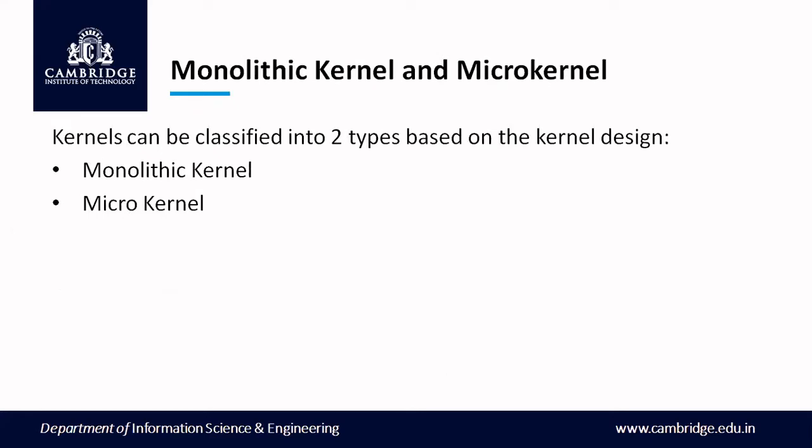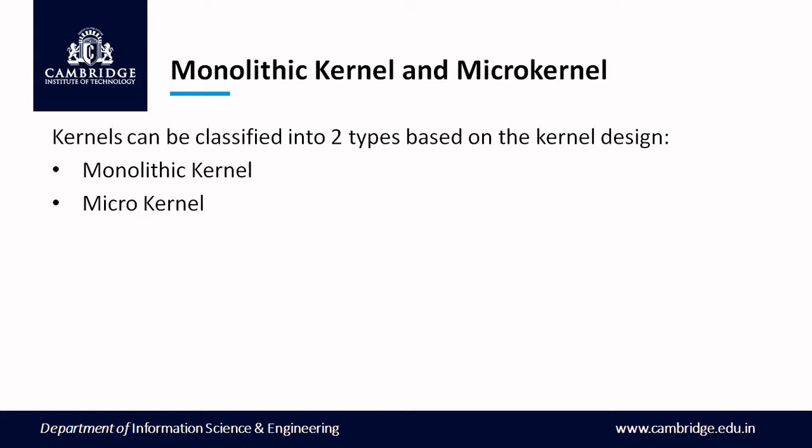There are different approaches adopted for building an operating system kernel. What are the different approaches used for building the operating system kernel? There are two approaches or types based on the kernel design. One is monolithic kernel and the other one is micro kernel.